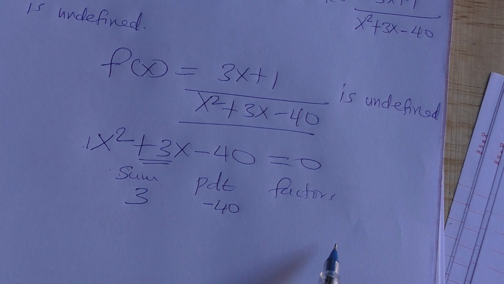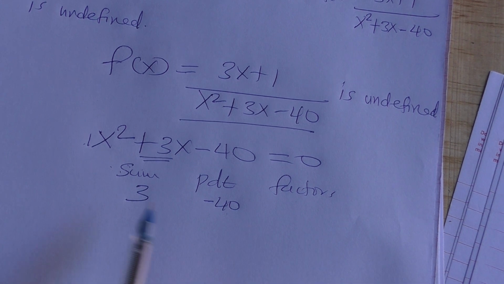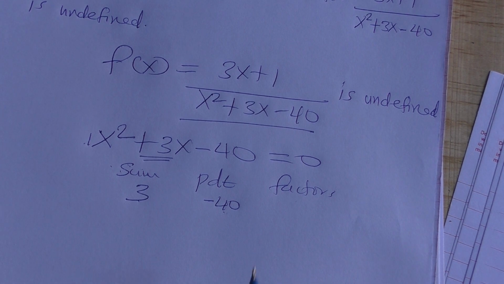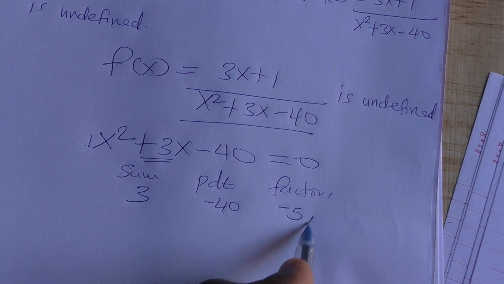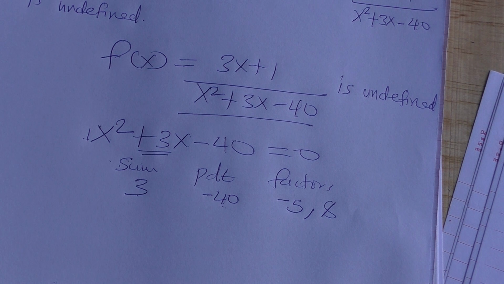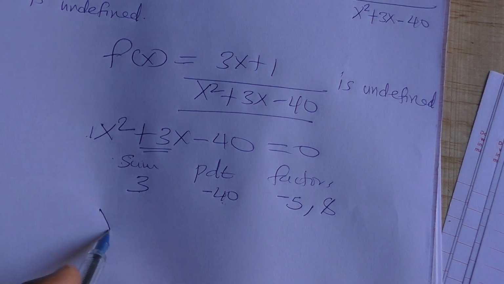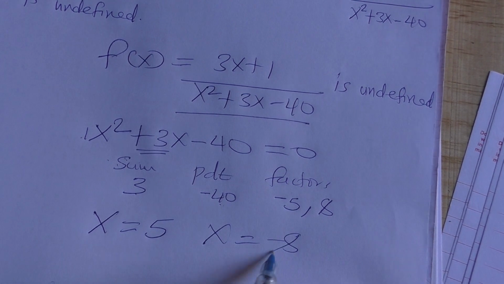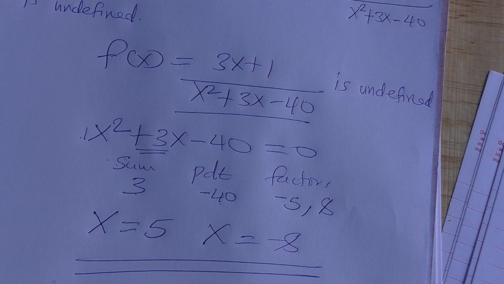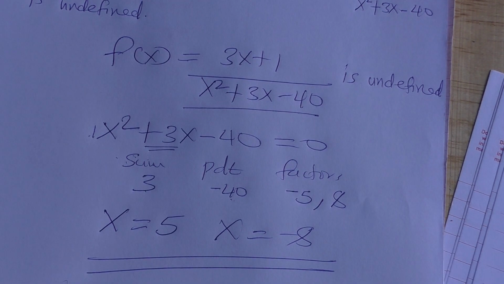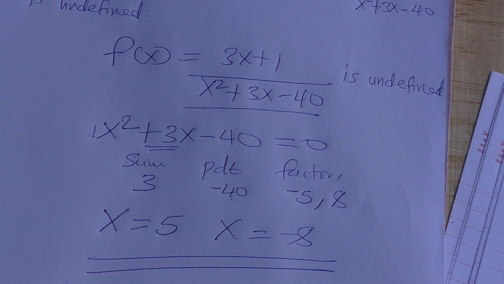Then factors, you look for 2 numbers that you add to get 3 and multiply to get negative 40. That is probably negative 5 and 8. Those are our factors. Hence, that will leave us with 2 possible values of x, which will be either 5 or negative 8. So that is how we deal with the undefined or meaningless or infinite functions.